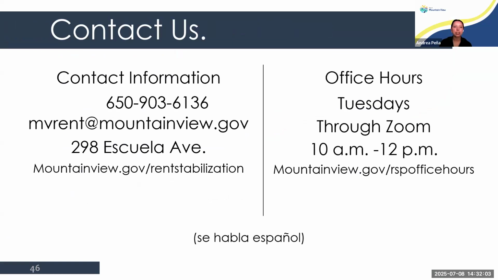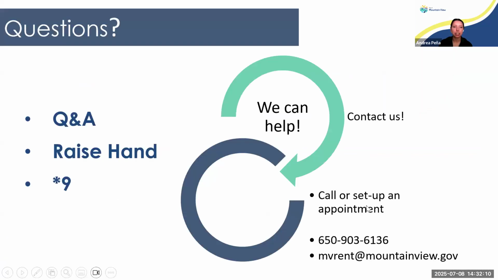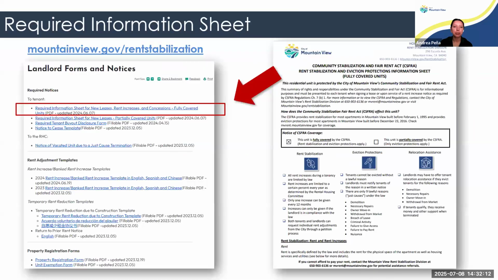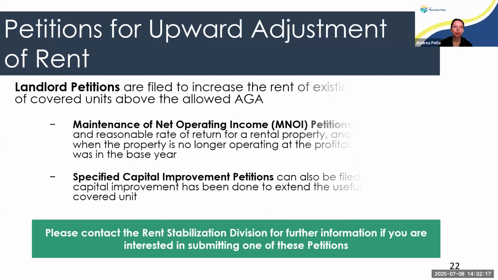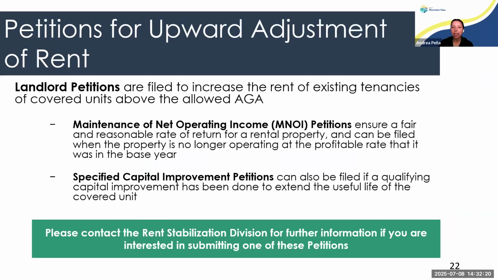Okay, good question. What is the fair rate of return and how is it calculated? Let's see if I can navigate back to this slide. There we go. So the MNOI petition compares a base year compared to a most current year. And so you'll submit lots of documentation, expenses, and we'll help you make that calculation.